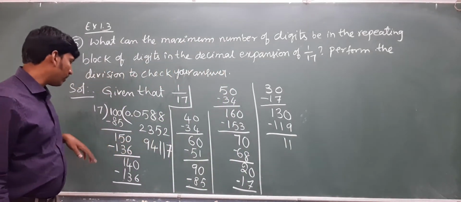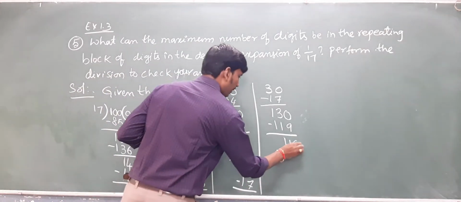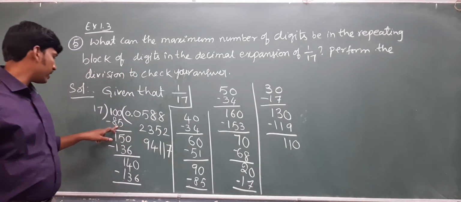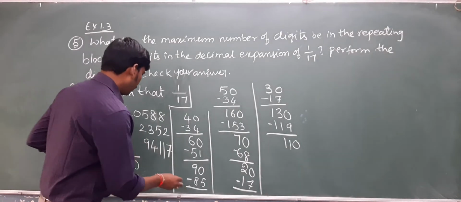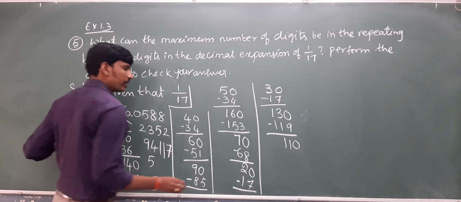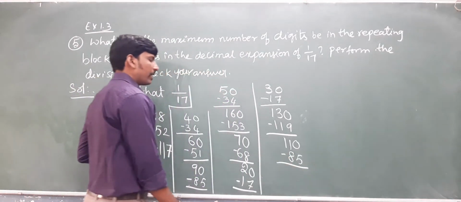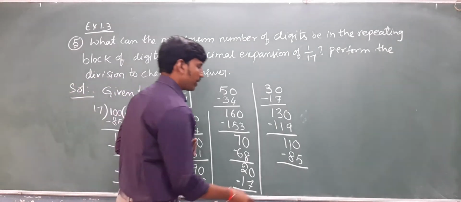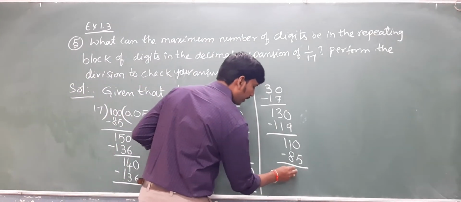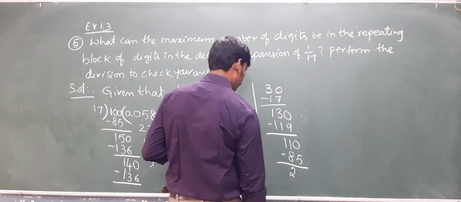So now 11 is nothing but again 110. 17 5s are 85. When you subtract, 110 minus 85 is how much here? Is it 25?